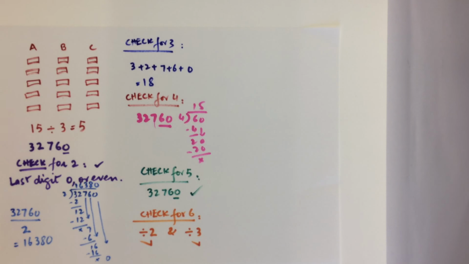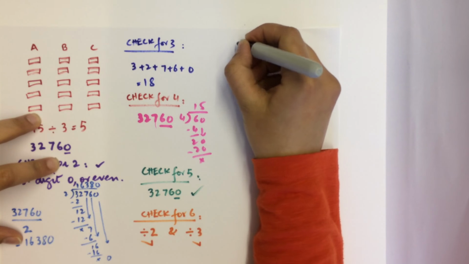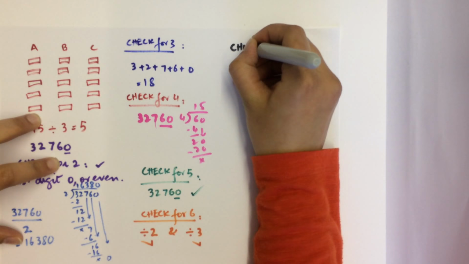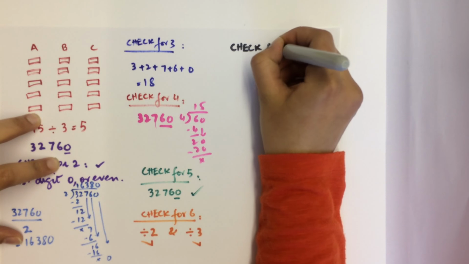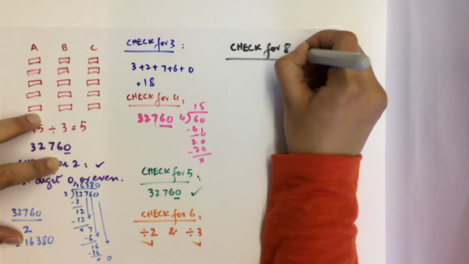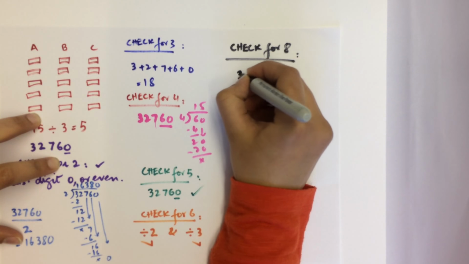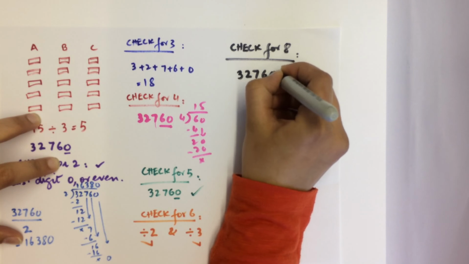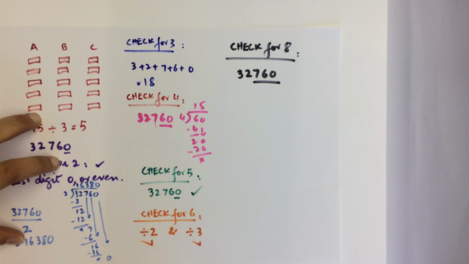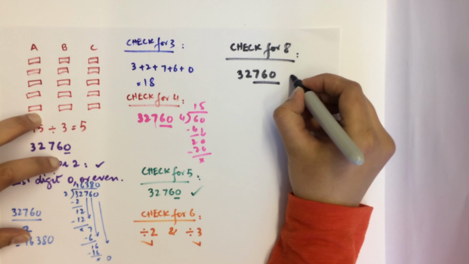Moving on to the next one, check for 8. The check for 8 is similar to the check for 4. It says if the last 3 digits are divisible by 8, then the entire number is divisible by 8.